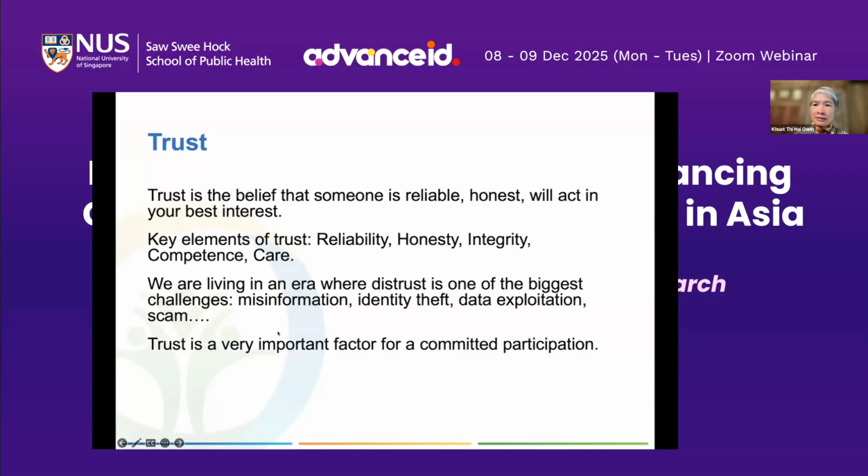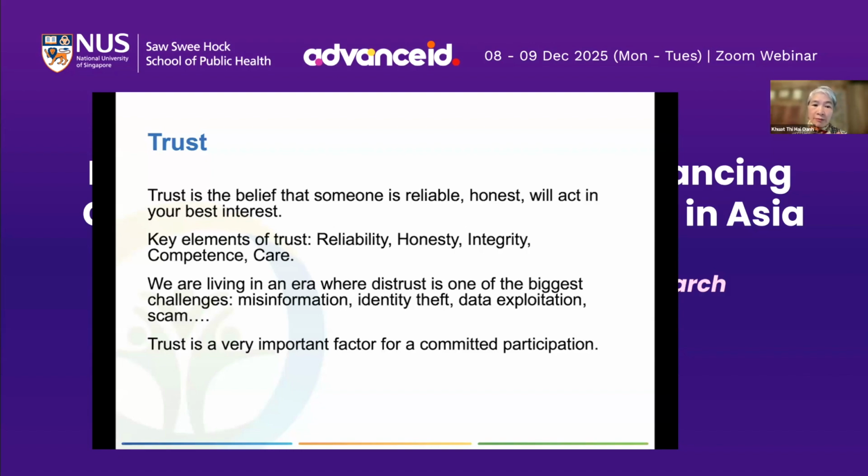So trust is a very important factor for committed participation. If you do clinical research, a longitudinal study, a cohort study, or any study, you want people to be committed. You don't want them just to show up for whatever benefit you offer for participation. We want committed participation, for them to be honest with you, to share information, to tell you what is going well, what is not going well.